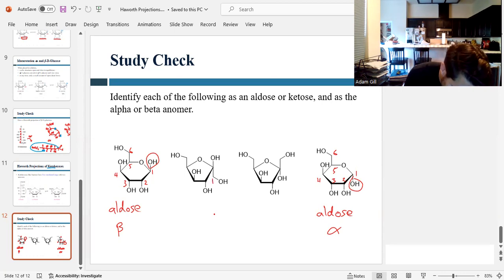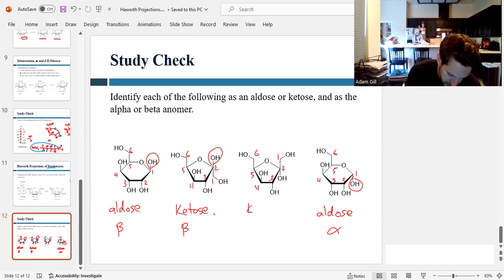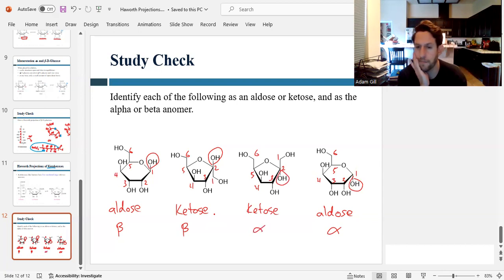If we were to number these, we see that the anomeric position is at carbon 2, which means that this is a ketose. And because the OH is pointed up, this is going to be the beta form. And this one here is also a ketose, since it's a 5-membered ring. And because the OH is pointed down, that makes it an alpha.